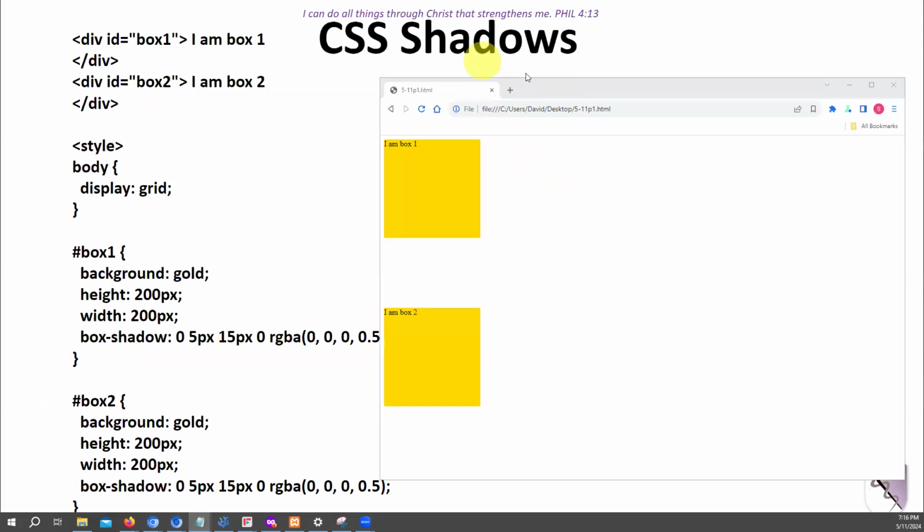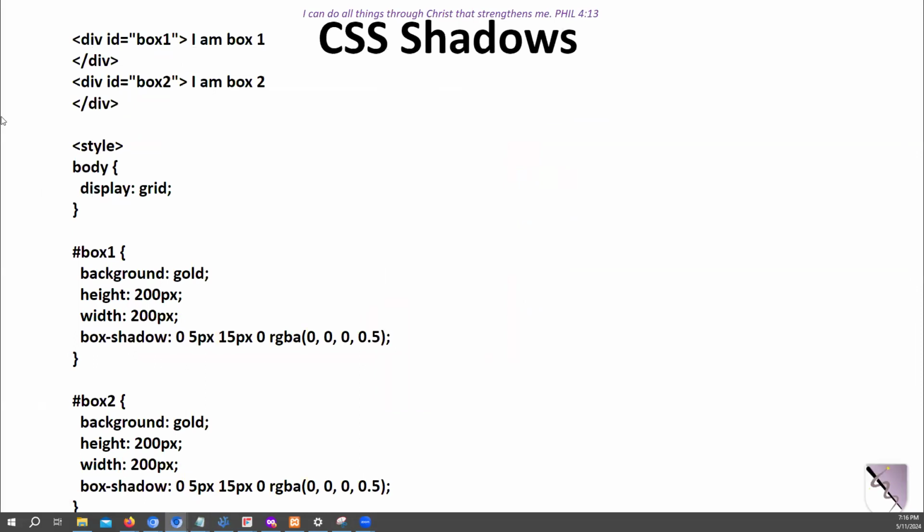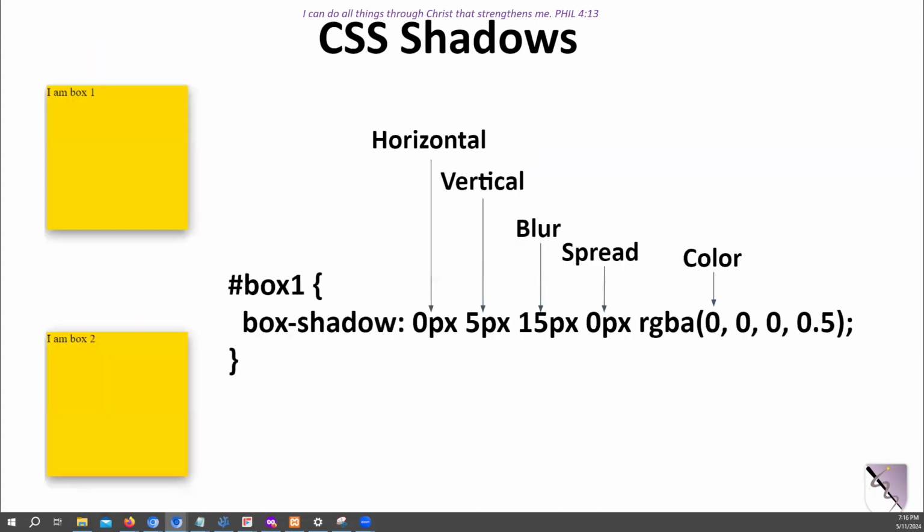Before we add any shadows, let's make sure we review what we're doing when we're adding a box shadow. So here are two boxes. The box shadow property, again, is kind of weird because it can take anywhere from 2 to 6 values.